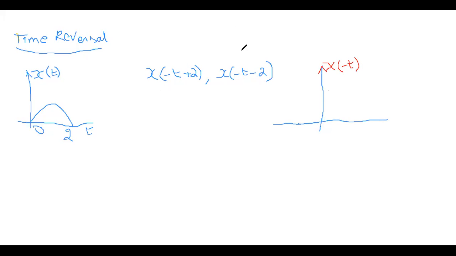This is equal to 0 and this is minus 2. This is the original signal and this is the obtained signal x of minus t. So x of minus t is exactly the mirror image of x of t.